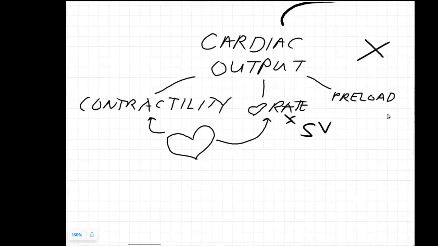Preload is basically the pressure that the ventricles feel at the end of diastole. When the blood is being dumped into that ventricle from the atrium, if there's a lot of volume, then the preload is increased.